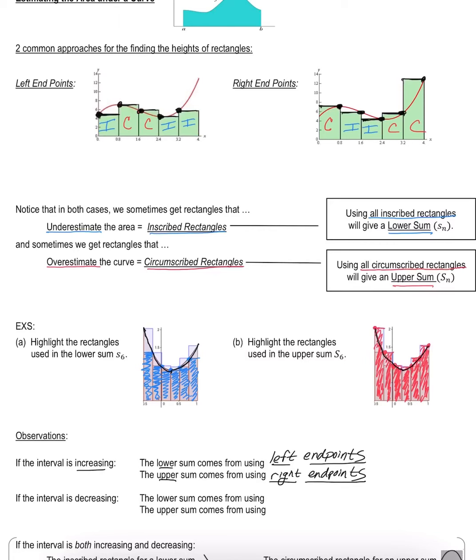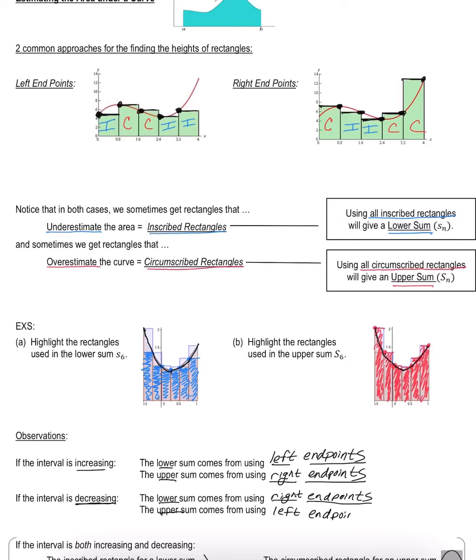In the first picture, the first three rectangles are where the function's decreasing, and that lower sum actually now came from the right endpoints. And then if we go over and look at the picture on the right, where the function is decreasing, the first three rectangles, the upper sum now came from using left endpoints.